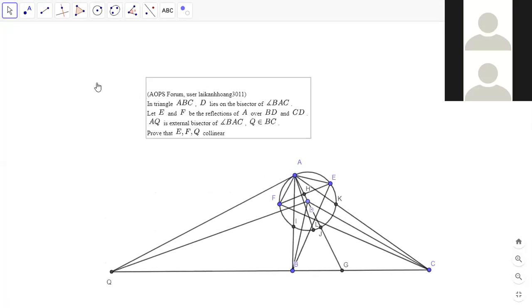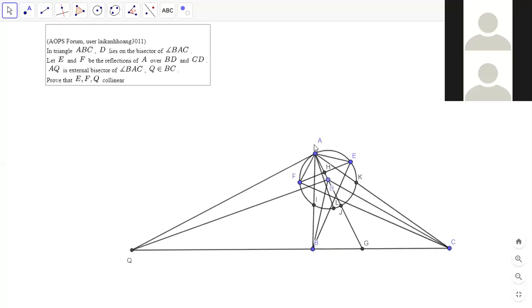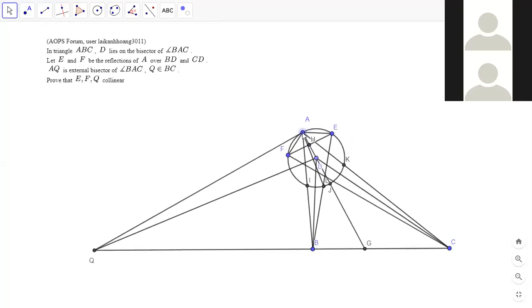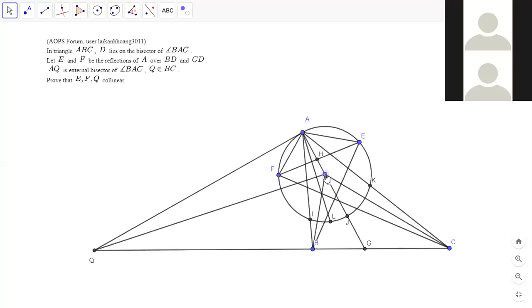All right, so I'm going to move things around a little bit just to make room. That looks better.